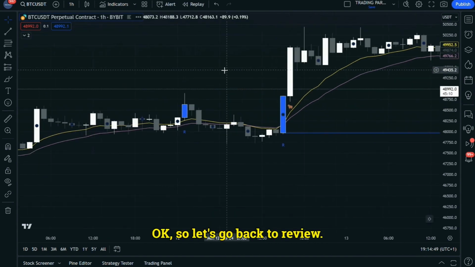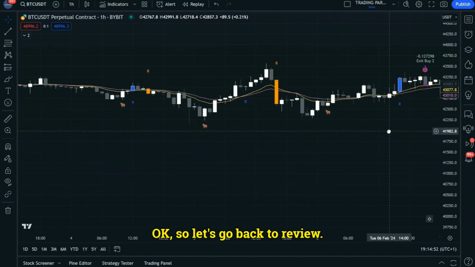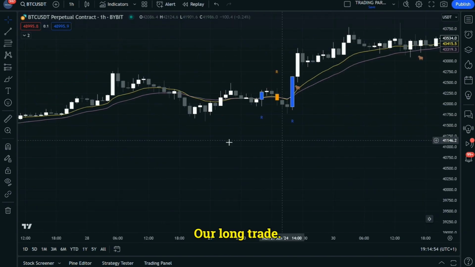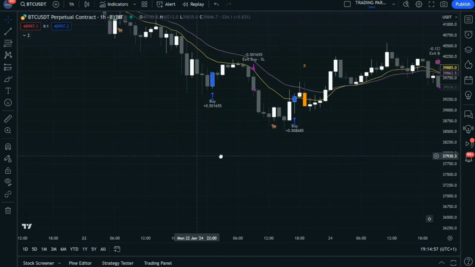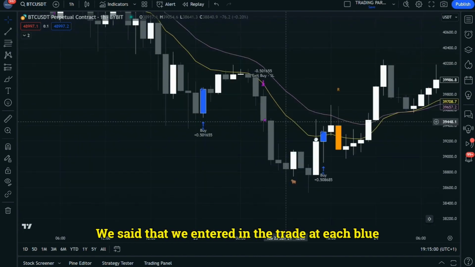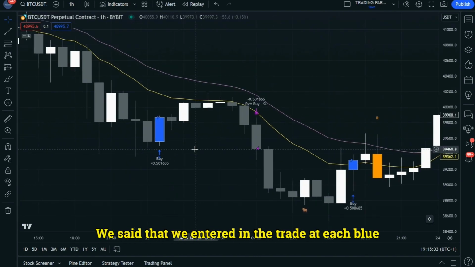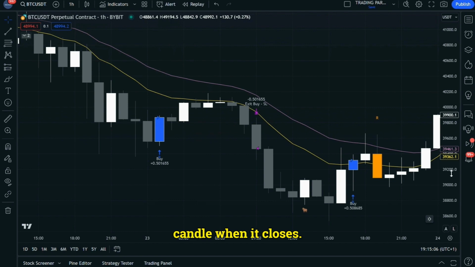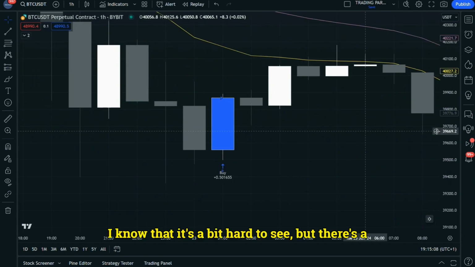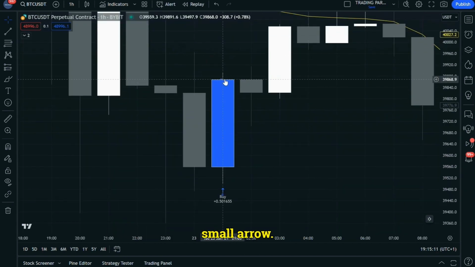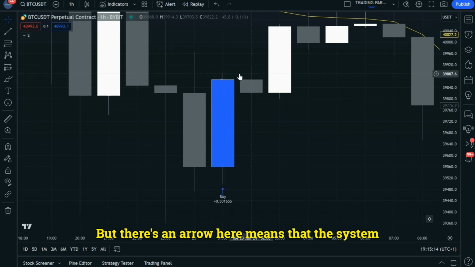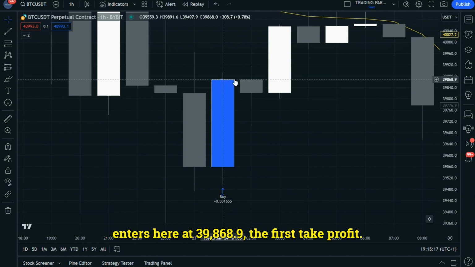Okay, so let's go back to review our long trade. We said that we enter the trade at each blue candle when it closes. I know that it's a bit hard to see, but there is a small arrow here, which means that the system enters here at 39,868.9.